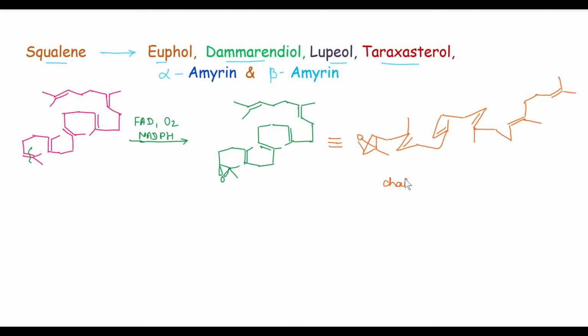This is chair, and boat conformation. So in the next step, cyclization takes place in this way.